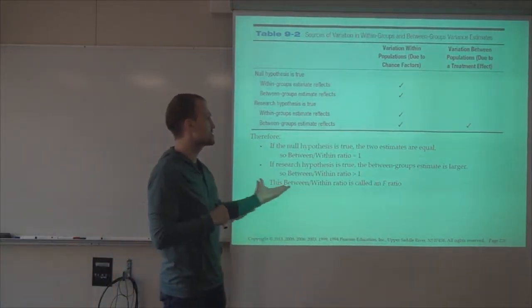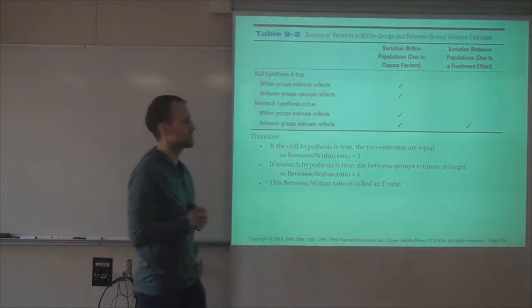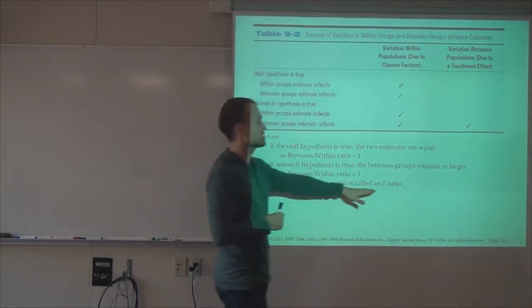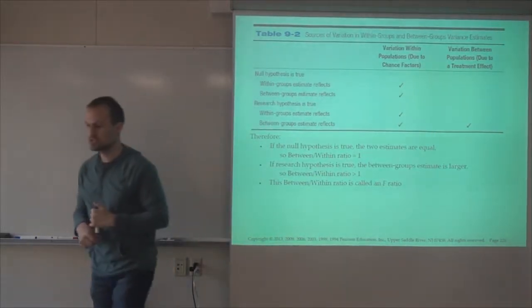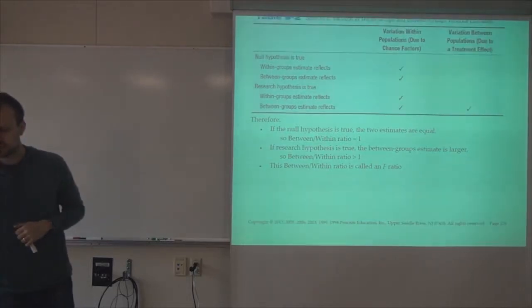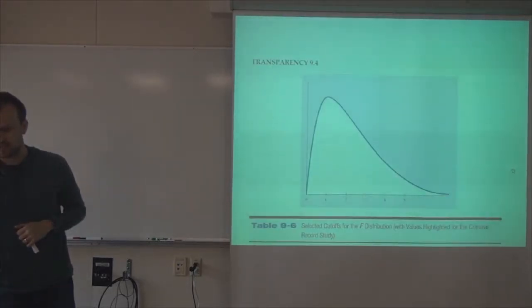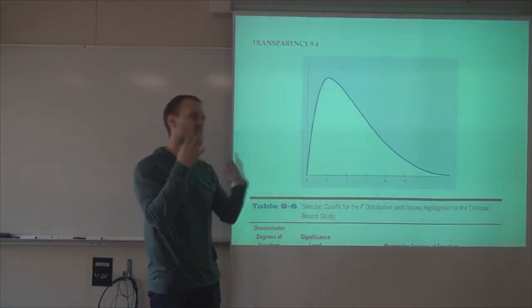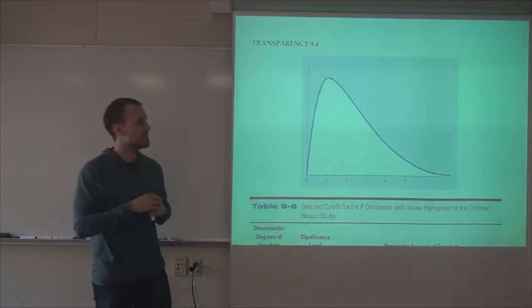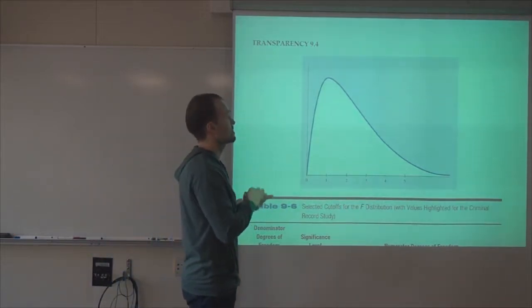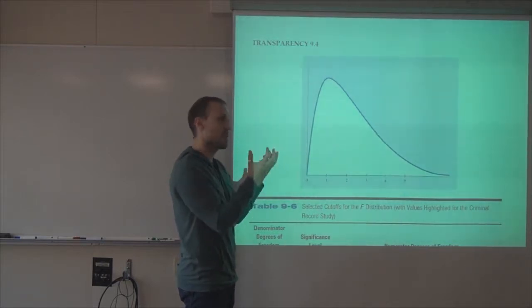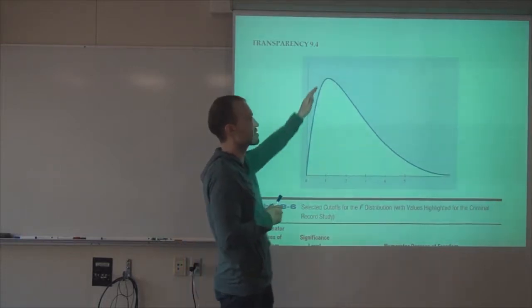Now the distribution that comes from looking at this ratio can be derived mathematically as well, which we'll of course skip, and it's called an F distribution. That ratio is an F ratio. And the distribution looks like this. So if I were to have many samples of whatever size is involved from my populations and I look at those two variance calculations in the ratio, all possible ratios are distributed like this.